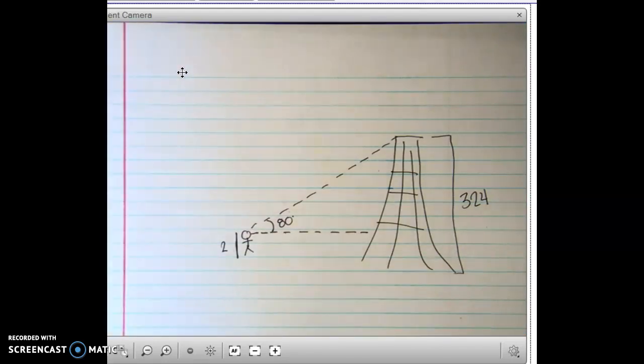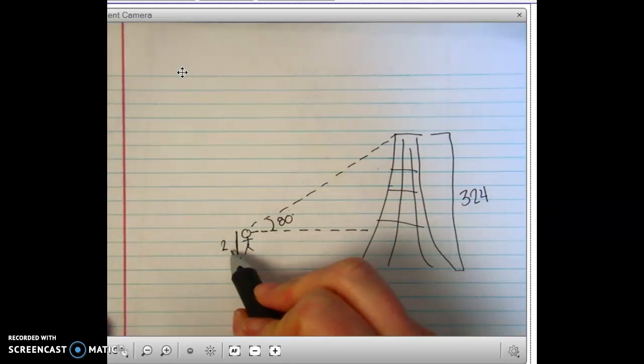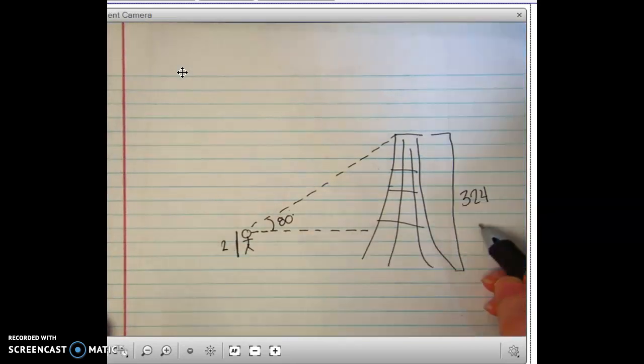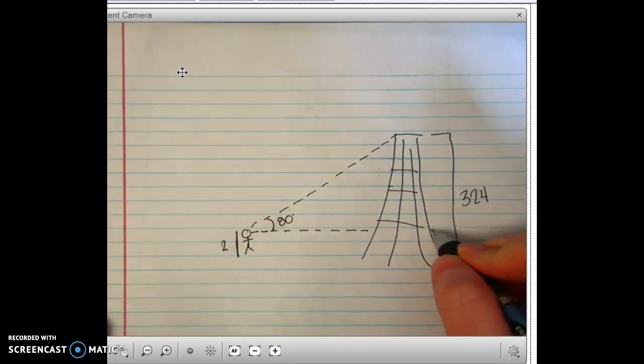Now, it says how long a line would be needed. So, here's what we're going to be doing. We have 2 meters here, and this is 324. So we need to cut off the 2 meters here, unless he's going to the ground.